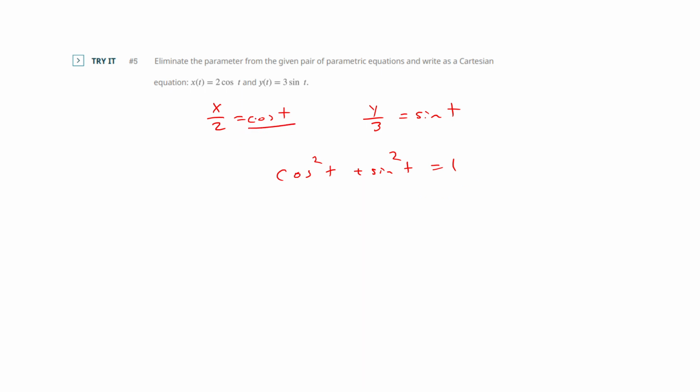So this is what cosine of t is, so I'm going to sub it in. This is what sine t is, so I'm going to sub this in. I'm going to get x squared over 4 plus y squared over 9 equals 1. And I've created an equation that has eliminated the parametric aspect of time.